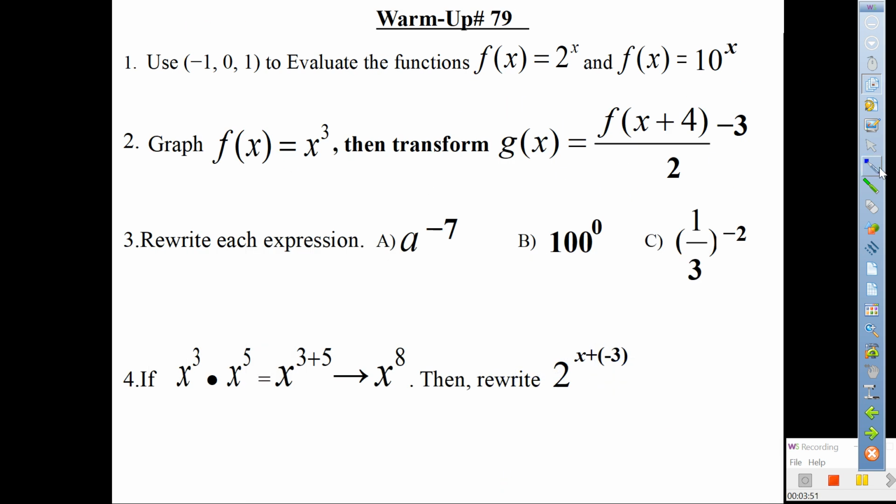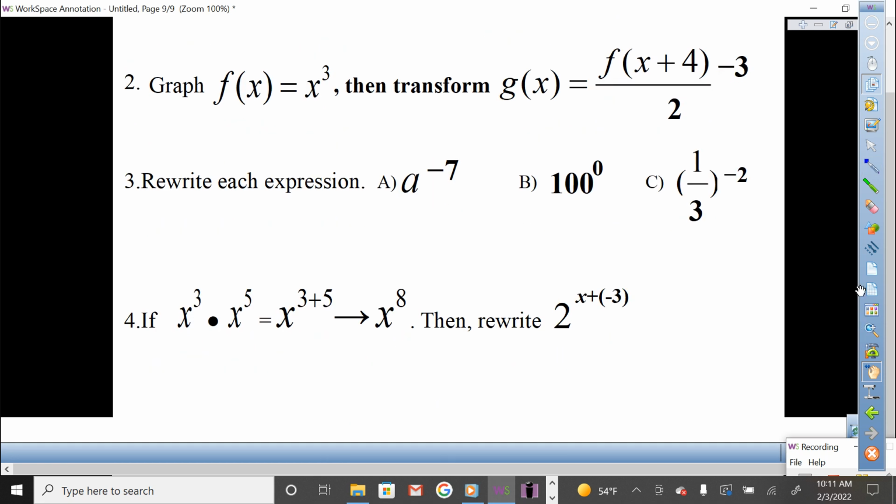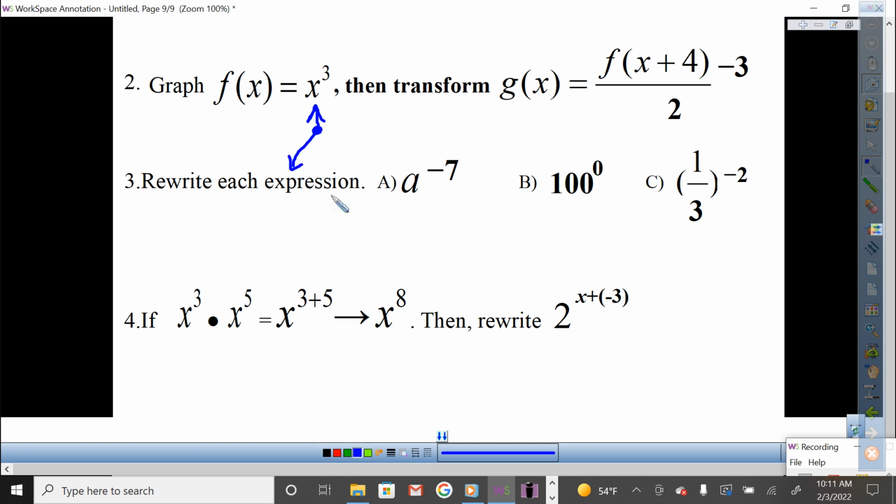Number 2. For number 2, we said that this is a parent function, and it looks like this. And what is this point right there that it goes through? 1, 1, yes? Okay. However, they want us to transform it according to this.